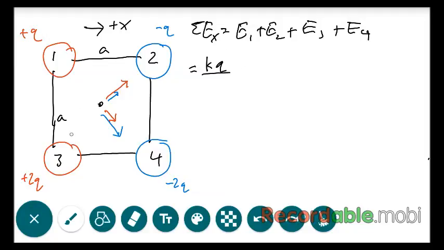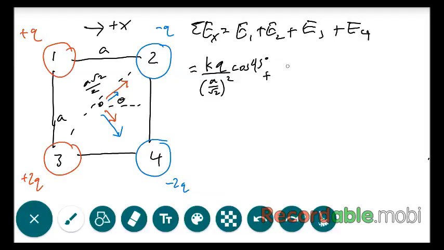Since this is a square, the diagonal is a root 2, and half that distance is a root 2 over 2. That is also equal to a over root 2, squared. Okay, so a root 2 over 2 is equal to a over root 2, and you should know that. And since we're finding the x direction, we are taking cosine 45 because it is an angle of 45 degrees from the horizontal.